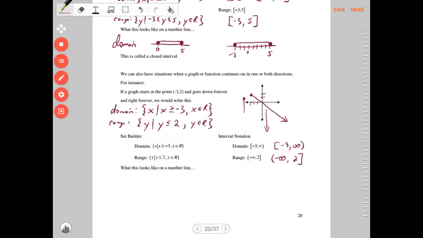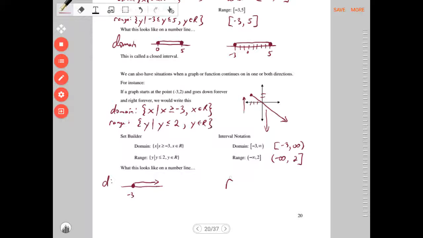So what does this look like on a number line? For the domain, x is bigger than or equal to -3. We can equal -3, so we have a closed dot, and we go all the way up to infinity. So that's what that looks like on the number line.